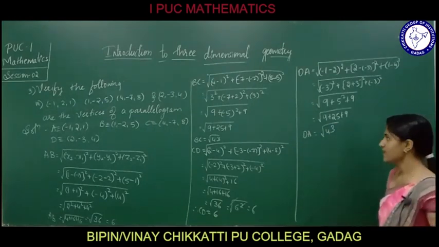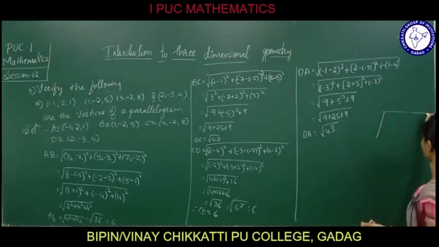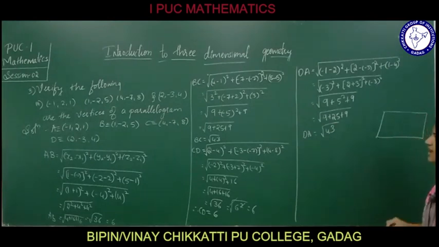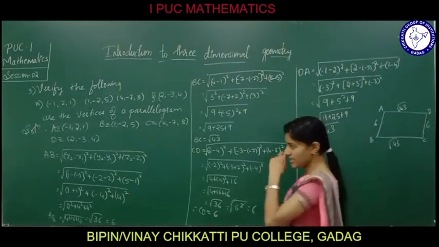that is DA. See, if we are going to consider a parallelogram like this, I got A, B, C and D. AB is 6 and CD is also 6, and then I got BC as root of 43 and I got DA also root of 43. See here, in a parallelogram, opposite sides will be equal, right?